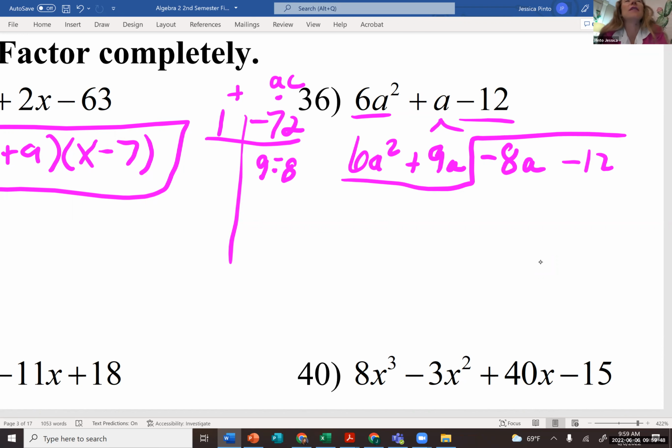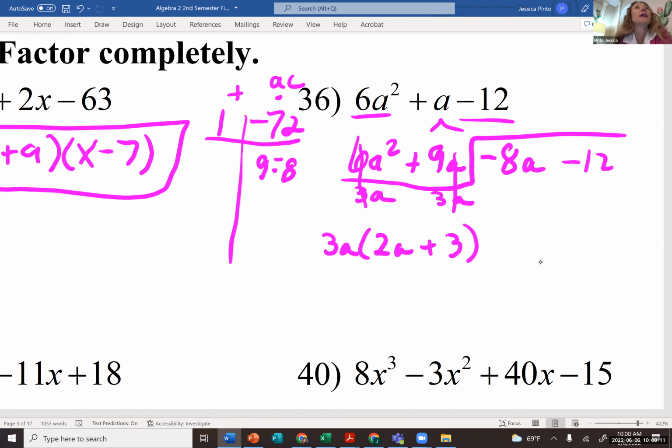And we're going to factor out any GCFs. So in the first, I've got 6 and 9, and they both have a. So we're going to take out a 3a. 6 divided by 3 is 2a. Plus, the a's cancel here, so 9 divided by 3 is 3.